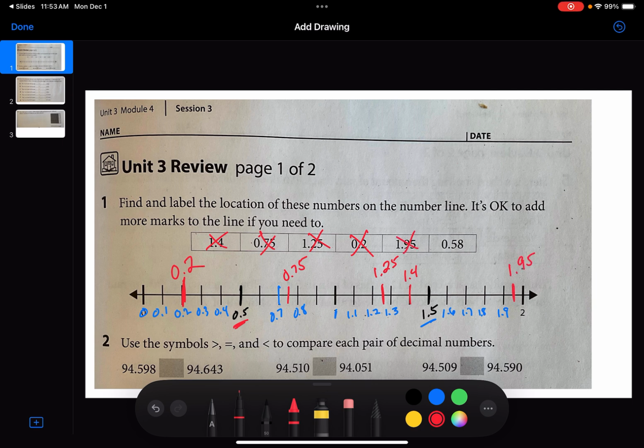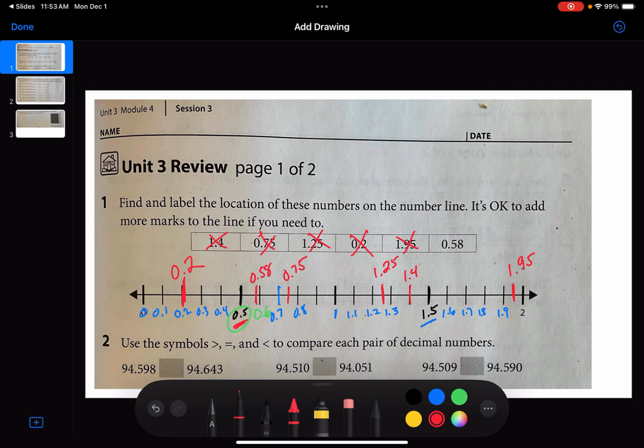And now 58 hundredths. Let's see. I'm going to come all the way back to here. Here's 5/10, and here's 6/10. So 58 hundredths is going to be really, really close to 6/10.